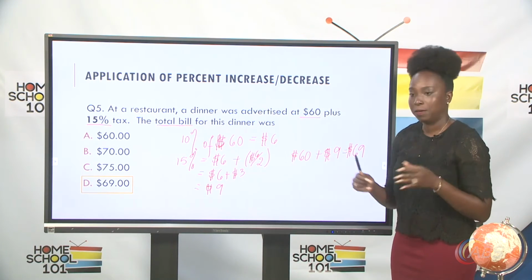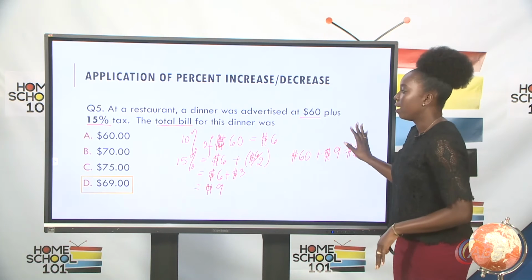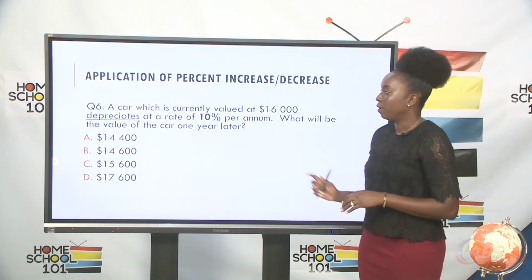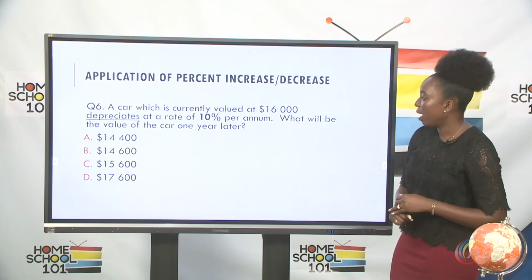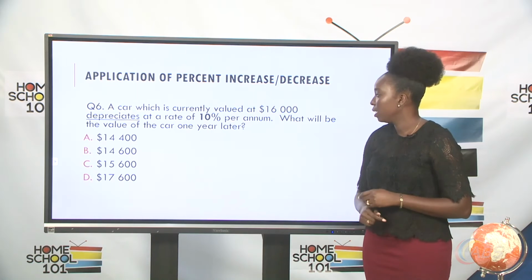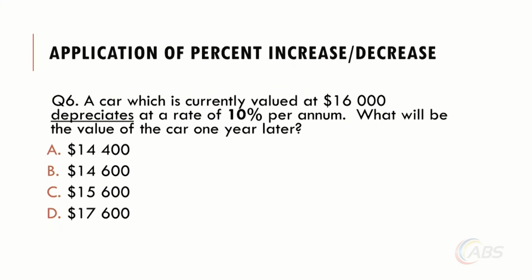Hopefully you're able to follow along as to what's happening here. But we're going to be moving on to the next question, question 6. Question 6, a car which is currently valued at $16,000 depreciates at a rate of 10% per annum. What will be the value of the car 1 year later? So we're going to take this opportunity to dissect two terms that are mentioned here, per annum and depreciates.